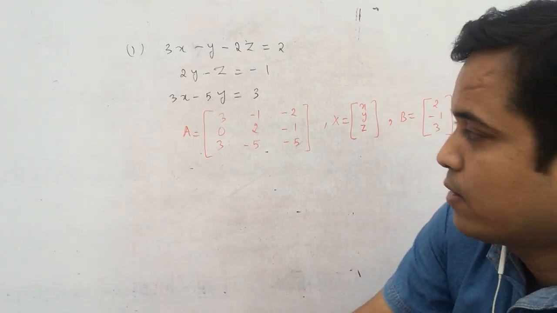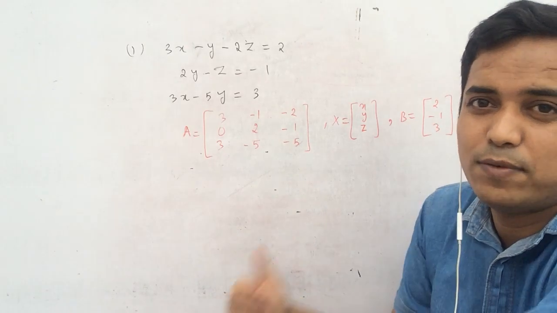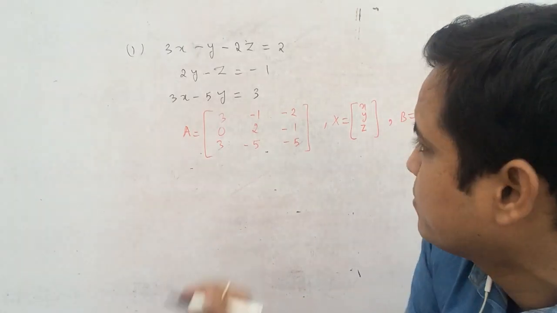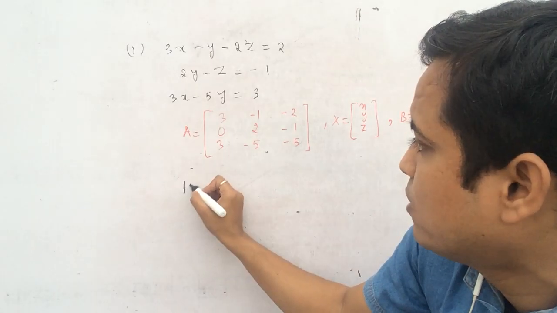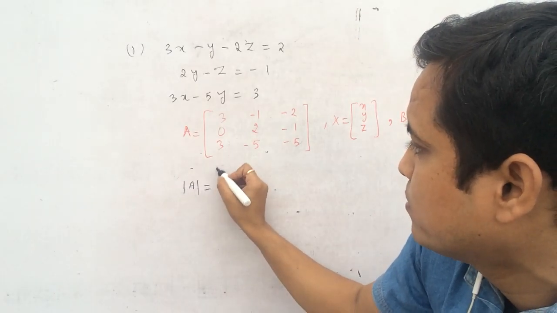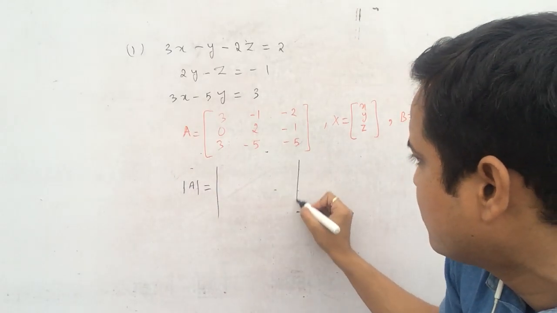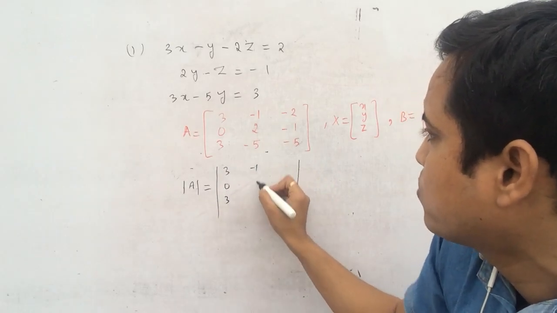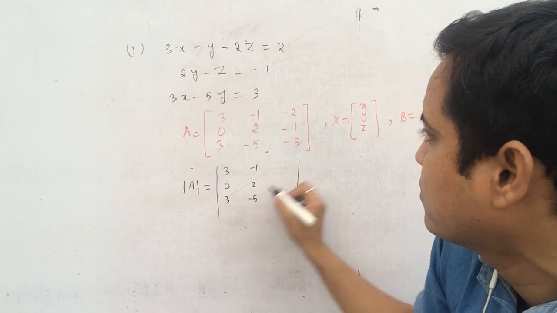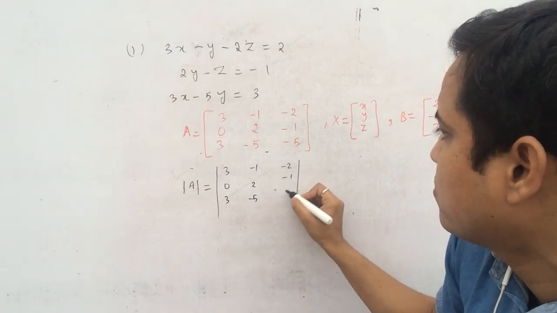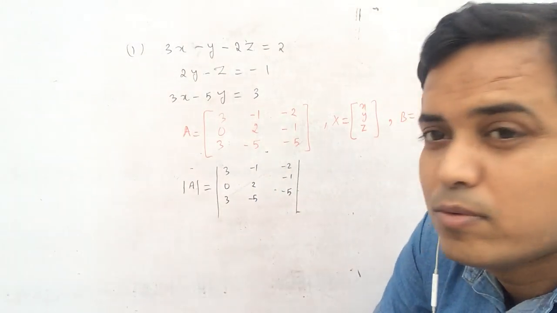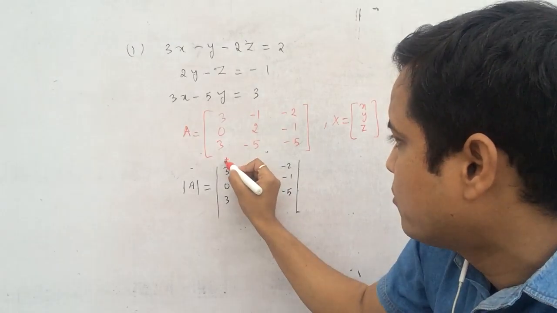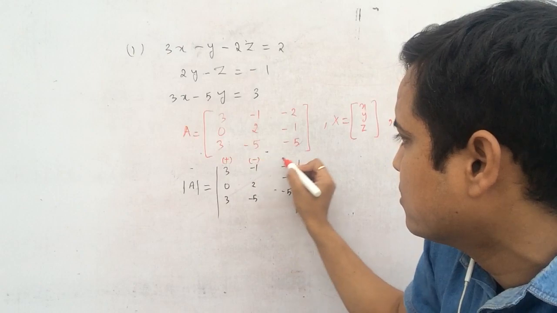Now first you have to solve for the determinant. So how would you find the determinant of A? Write it like this: 3, 0, 3; minus 1, 2, minus 5; minus 2, minus 1, minus 5. First write the signs plus, minus and plus.